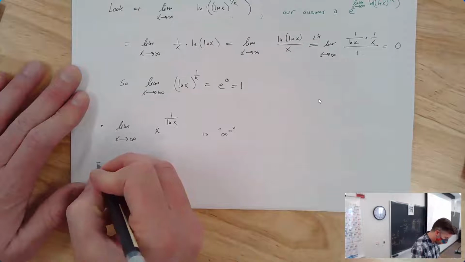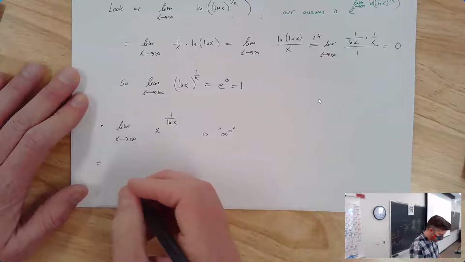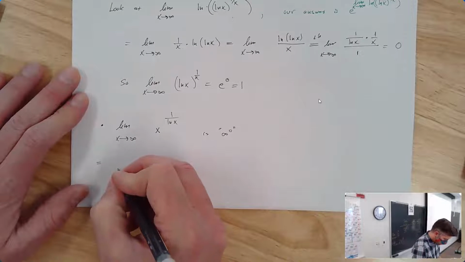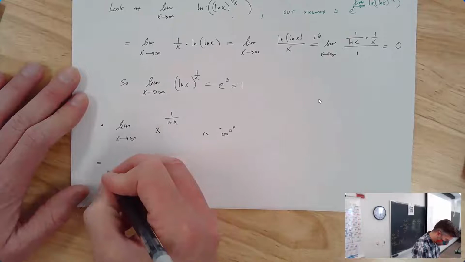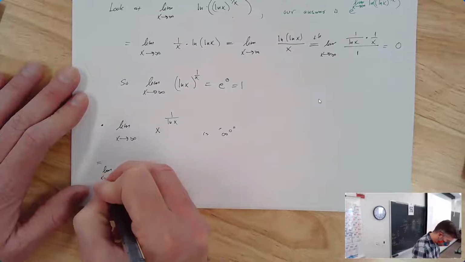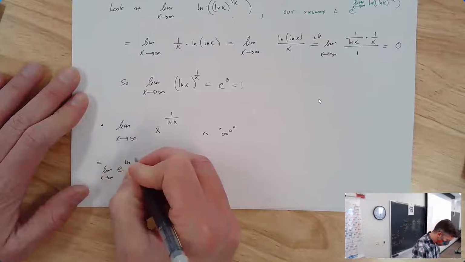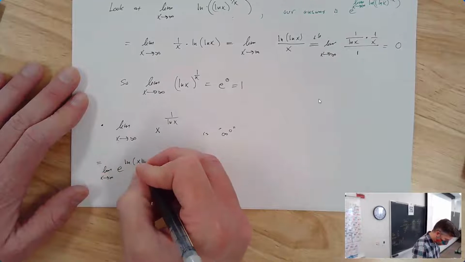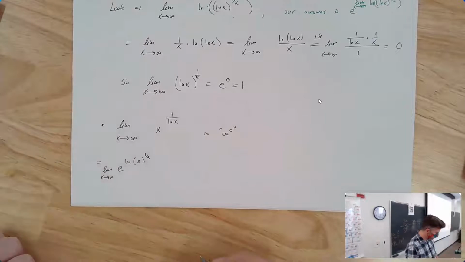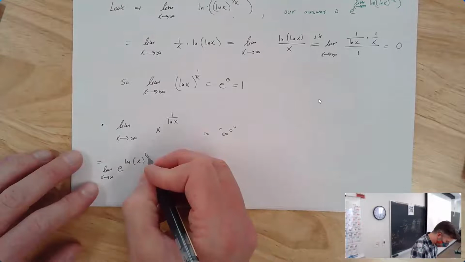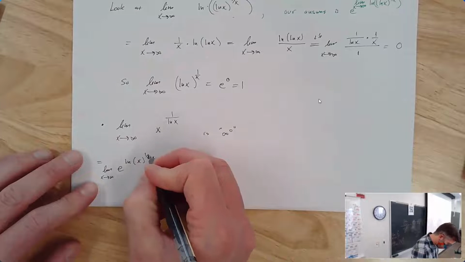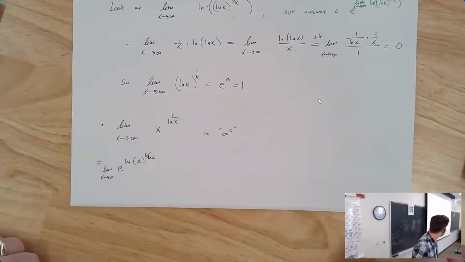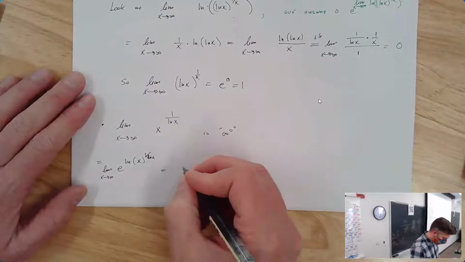So I'm going to do it the other way. I should say the limit as x goes to infinity of e to the natural log of x to the 1 over x. Oh, sorry, 1 over natural log of x. Apologies. And then look what happens here.